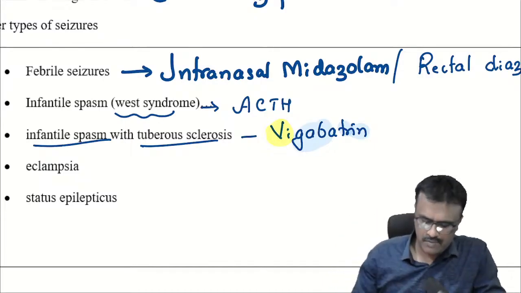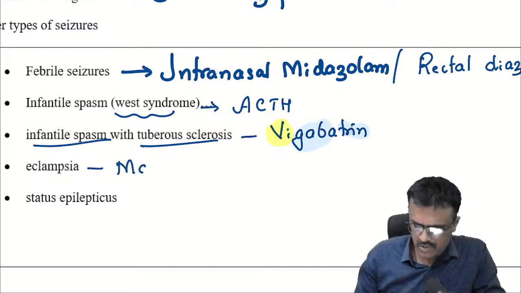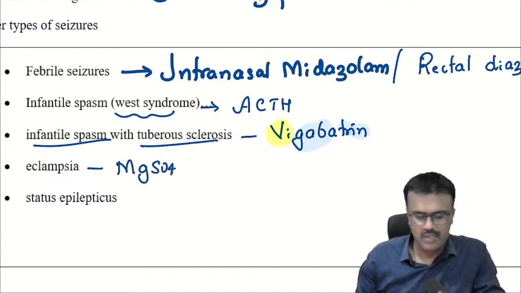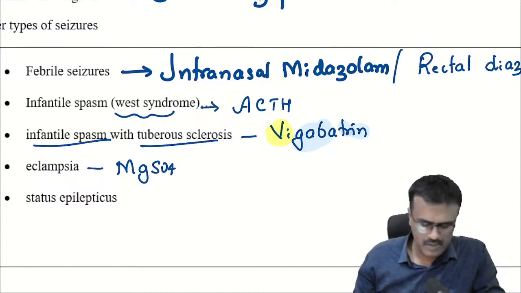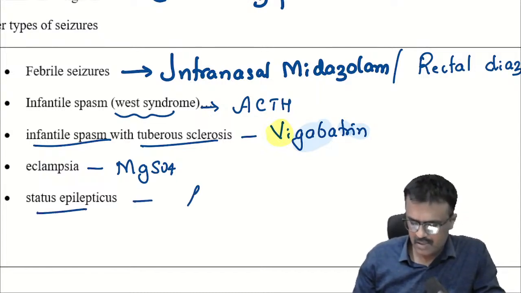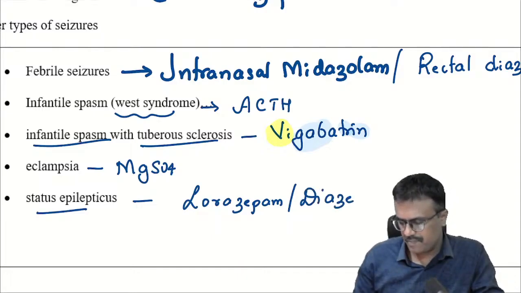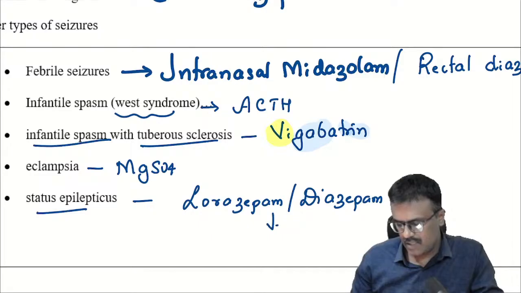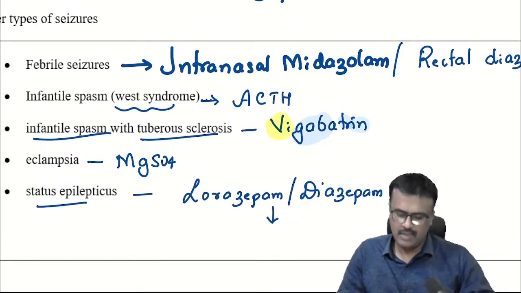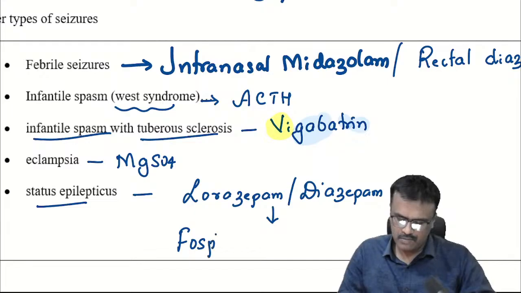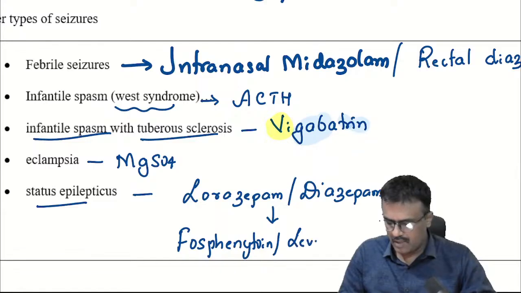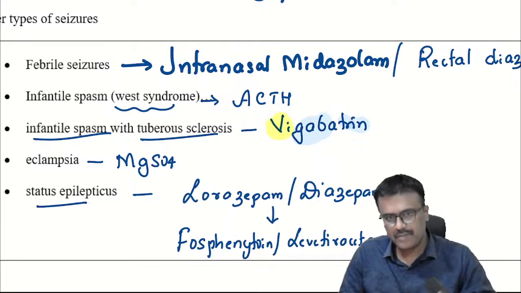Coming to eclampsia, the drug of choice is magnesium sulfate. Status epilepticus, we give lorazepam or diazepam. Still not responding, then we go for fosphenytoin, levetiracetam, or valproate.